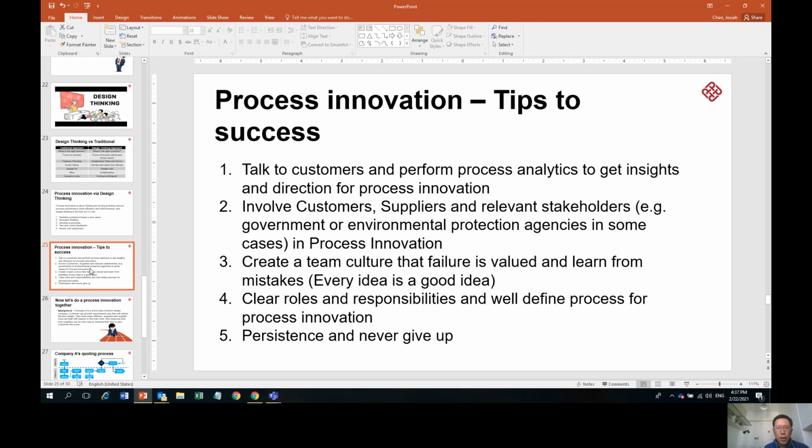Okay. So the next step is to create a team culture where failure is valued and people learn from mistakes. Every idea is a good idea. If you have a team, if you have team leaders, and a team that works together for process innovations, you should always build a culture where everyone is free to speak about what they think is a good idea.